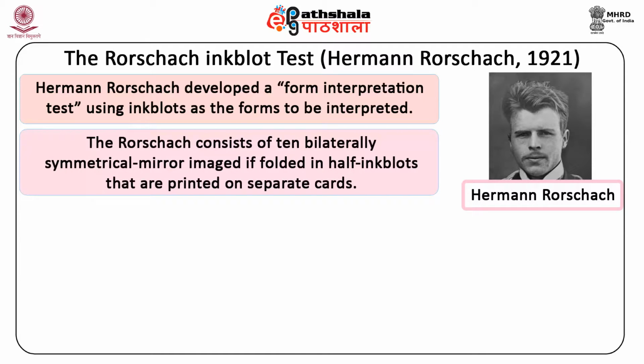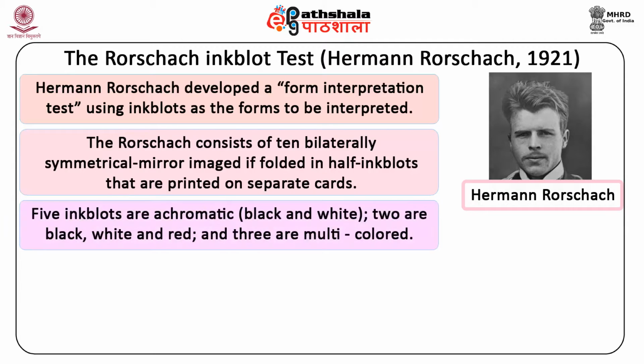The Rorschach consists of 10 bilaterally symmetrical ink blots, mirror images if folded in half, that are printed on separate cards. 5 ink blots are achromatic, that is black and white, 2 are black, white, and red, and 3 are multicolored.